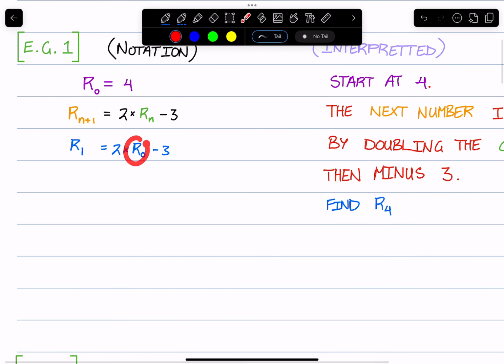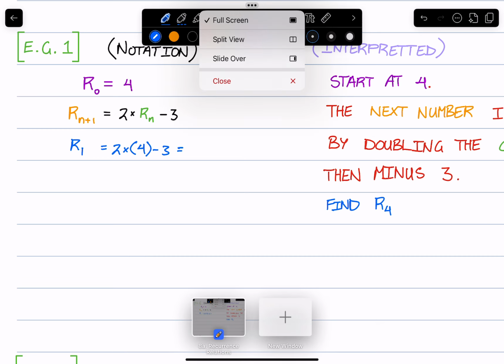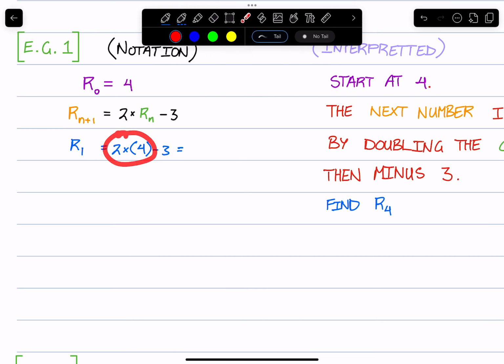But R0 is equal to 4, so we can remove this and just put in the number 4. We can calculate in our head. 2 times 4 is 8. 8 minus 3 gives us 5. And that is the first repetition of this recurrence relation.